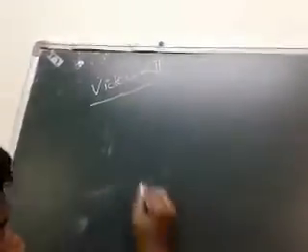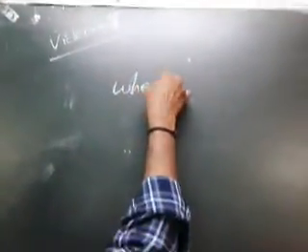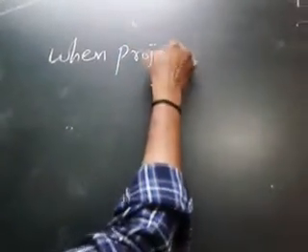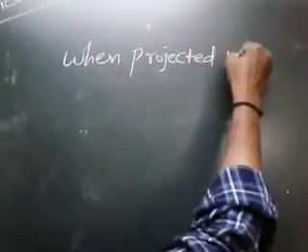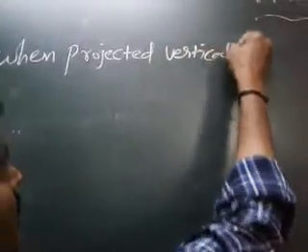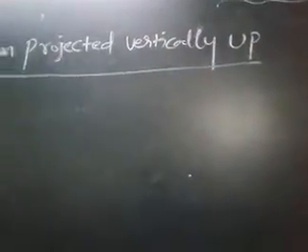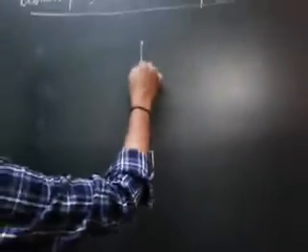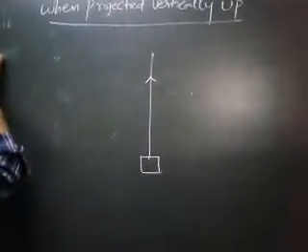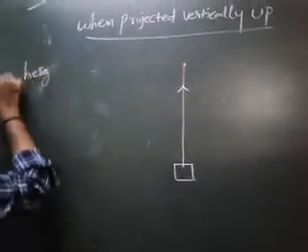So when a body is projected vertically up, then the conditions are: for example, maximum height.